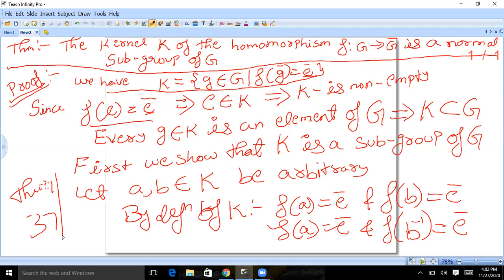Therefore, f of e is equal to e bar means we can say that e belongs to capital K. If e belongs to K, or e belongs to something, then that set is always non-empty.